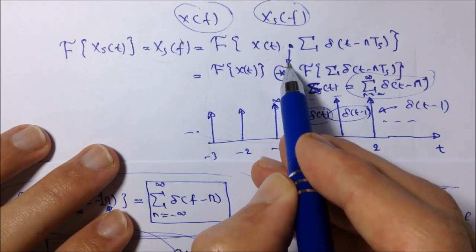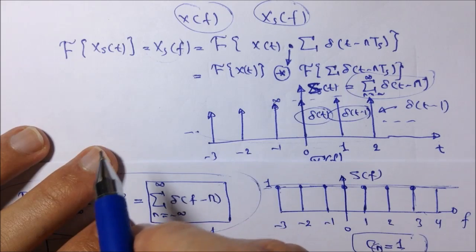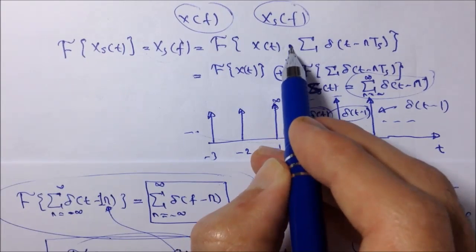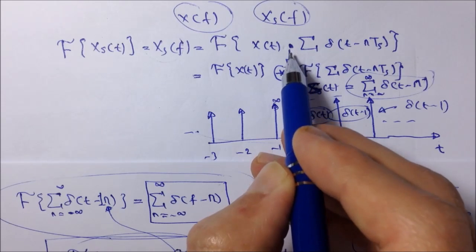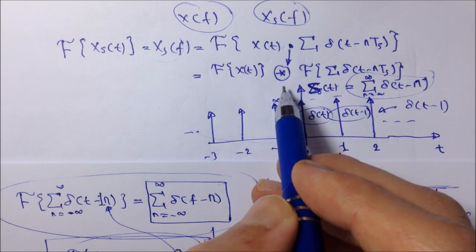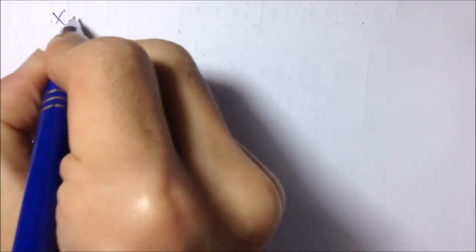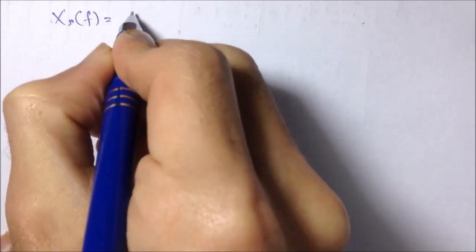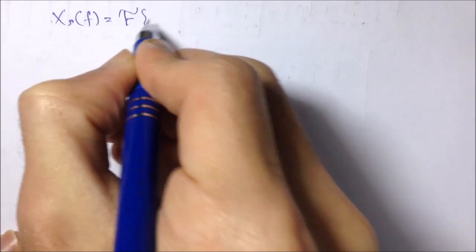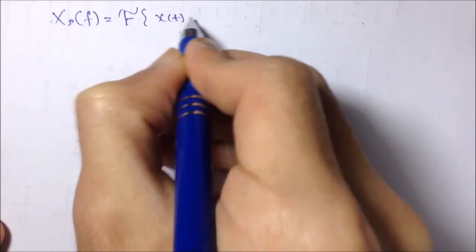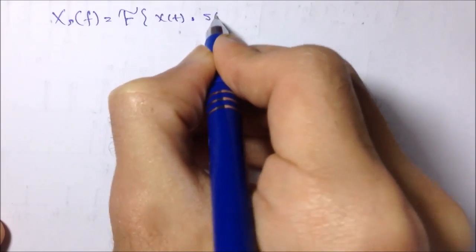And we took advantage of an important property in the Fourier transform, which is the relation between a product in the time domain and in the frequency domain. We converted the product into a convolution. So let me write it again. Xs of f, which equals the Fourier transform of xs of t, which is x of t times s of t.